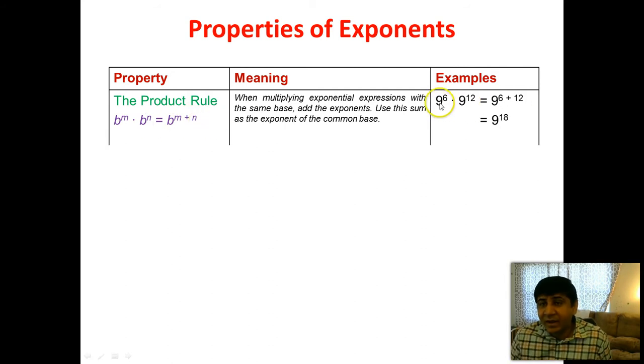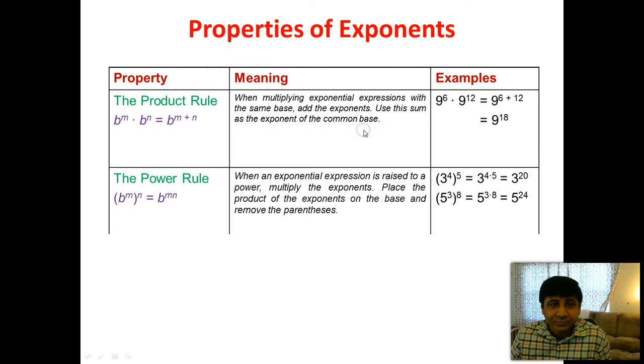For example, 9 to the power 6 times 9 to the power 12 is 9 to the power 6 plus 12, which is 9 to the power 18. In words, when multiplying exponential expressions with the same base, add the exponents and use this sum as the exponent of the common base.